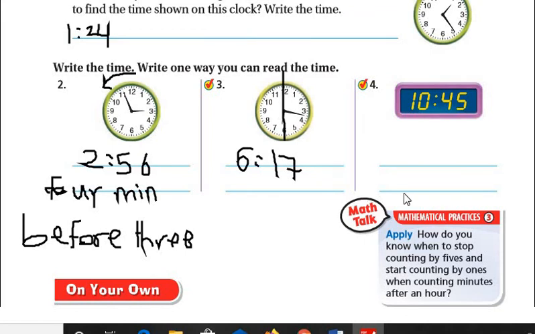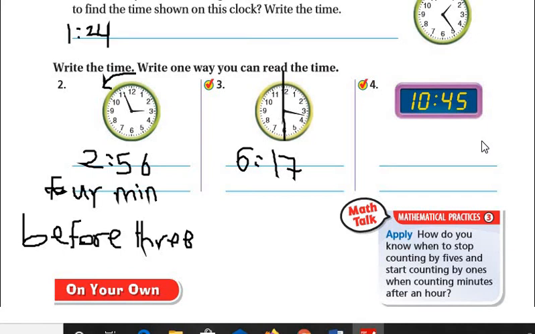Okay. Number 4. This is a digital clock, not analog. So we can say here 45 minutes after 10, or 10:45. If we want to use before, how many minutes are left to be the next hour, which is 11?